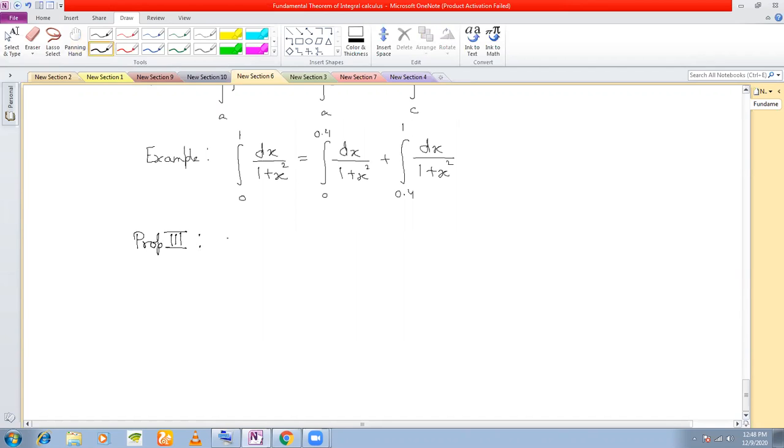The third property is that integral a to b fx dx is the same as integral a to b f a plus b minus x dx.